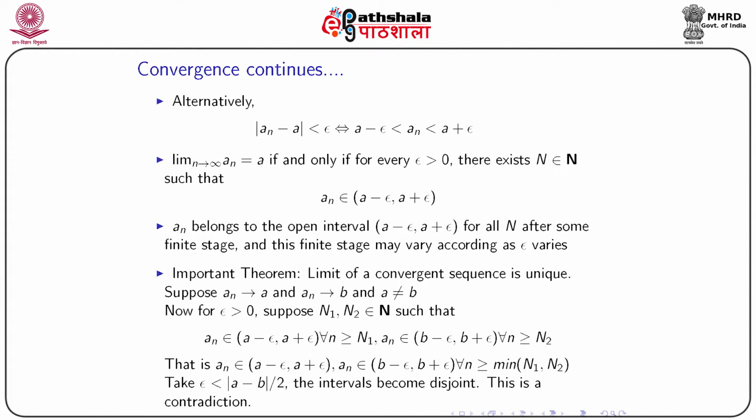To prove this, we will be using the method of contradiction. That means we suppose that the sequence has two different limits.